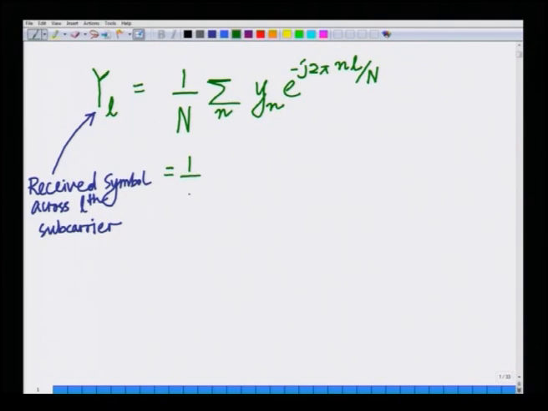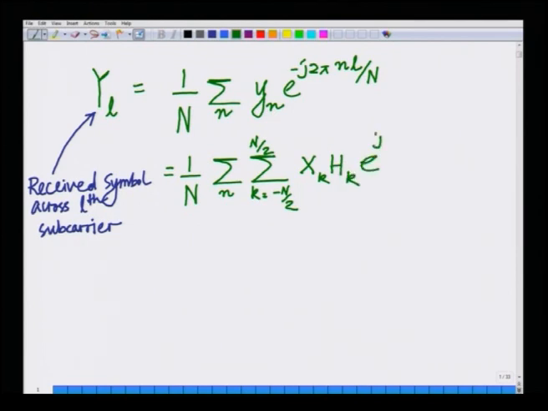This is nothing but 1 over n summation k equals minus n over 2 to n over 2 x k h k e power j 2 pi (k minus L plus epsilon) over n.